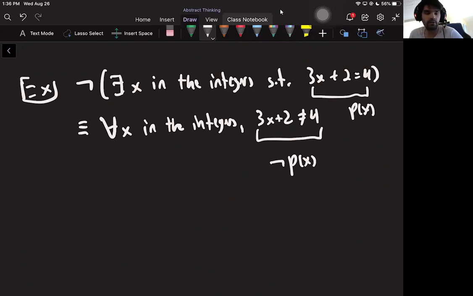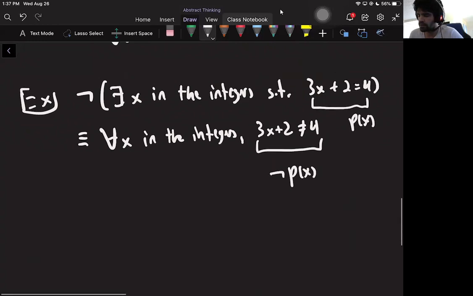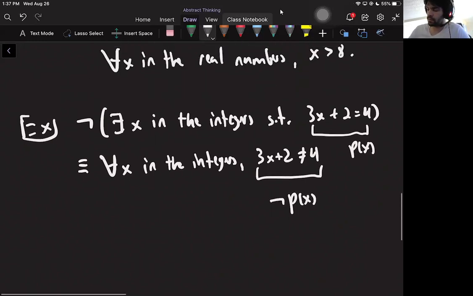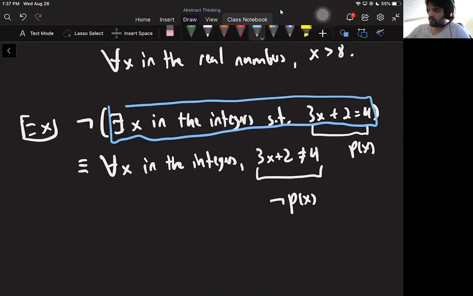So let's think about the true and falseness, just because we should always think about that. So what is true in this situation? The negation is the true statement this time. So I guess I'll circle it. So this blue thing, that is false, right?